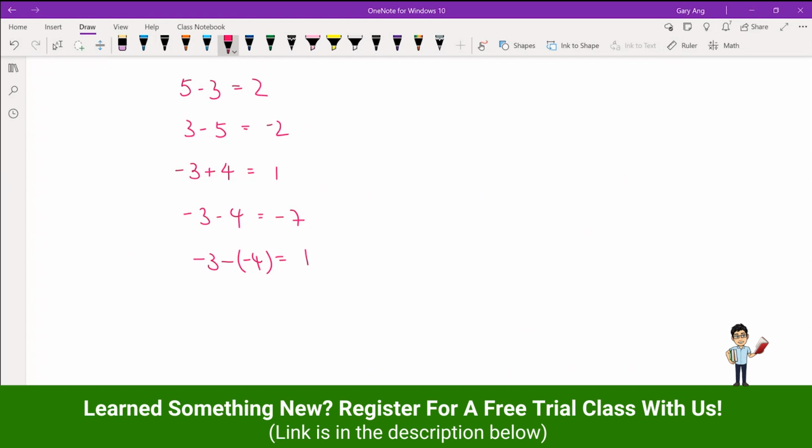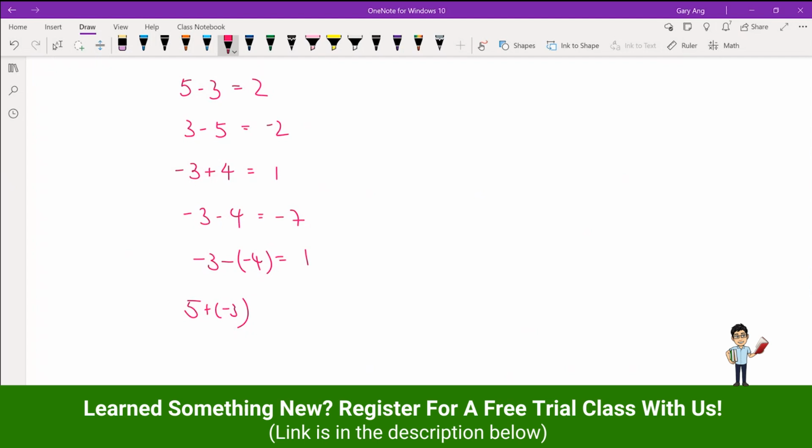We did talk about that before as well. The logic is that we try to understand it. When we are adding a negative number, for example 5 plus -3, what's the answer? 2, right? Because it's as good as just 5 minus 3.